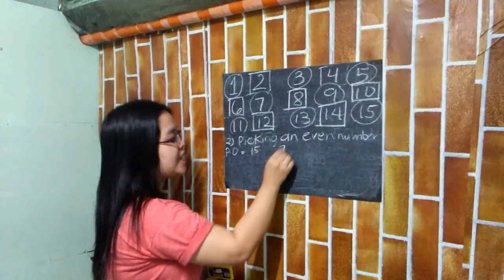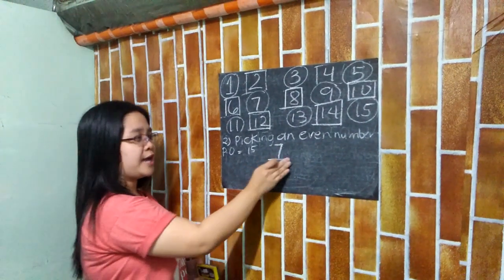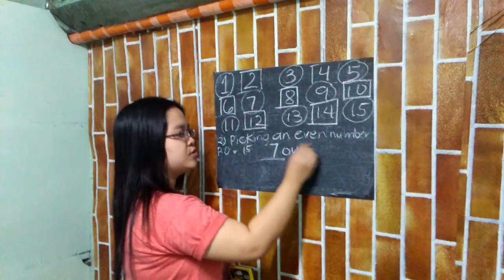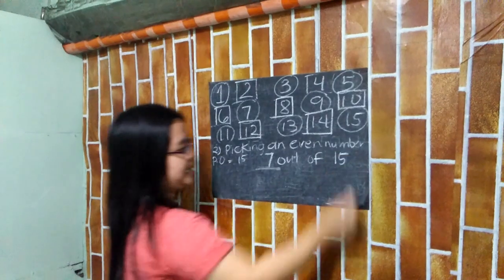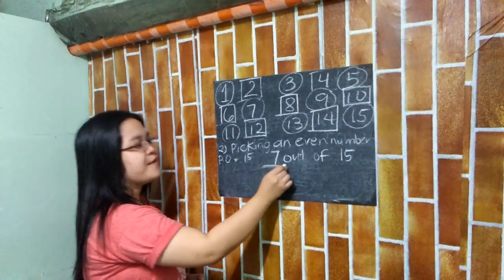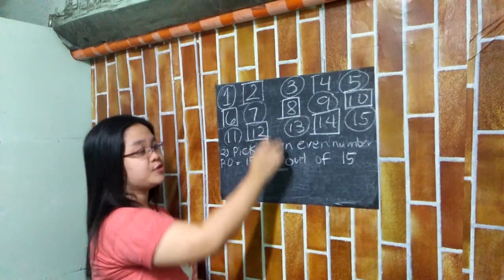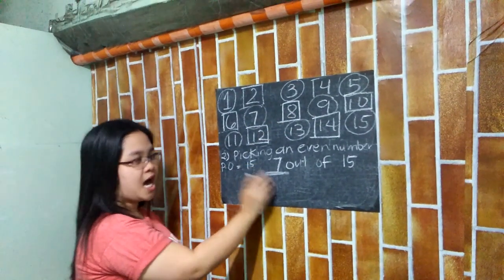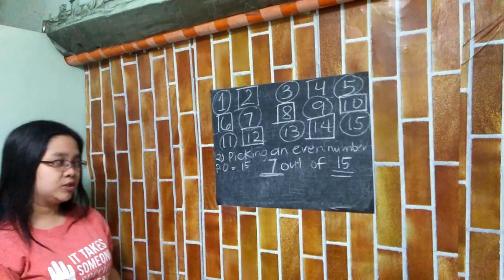So we have 7 out of 15. Okay? So I get that 7 from the number of even numbers or our favorable outcome. And 15 is our possible outcome.